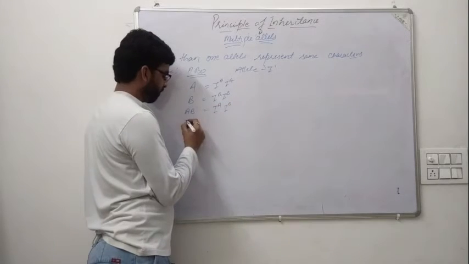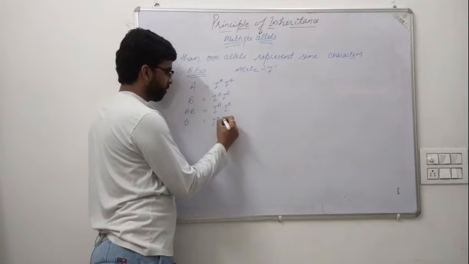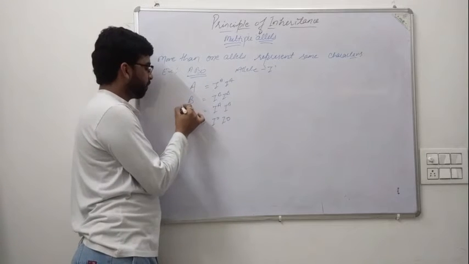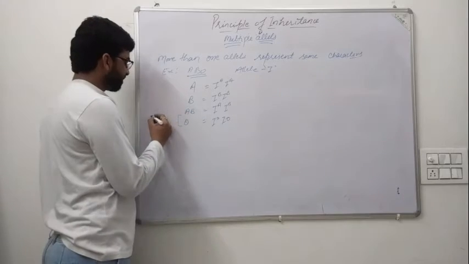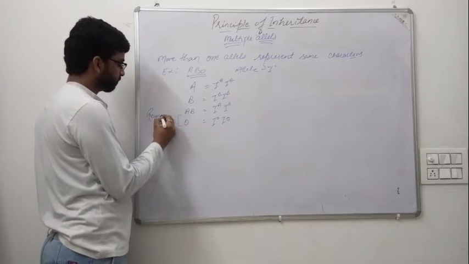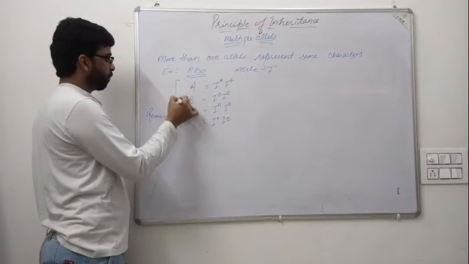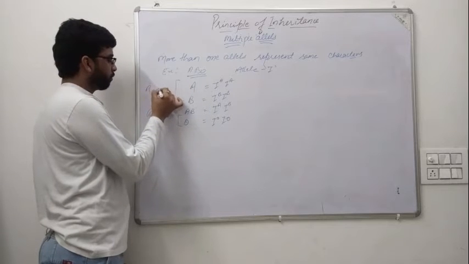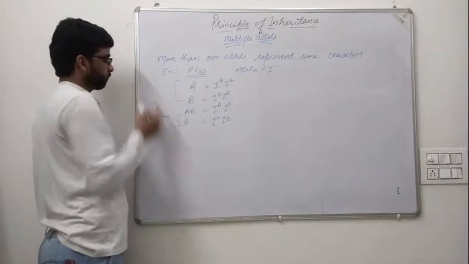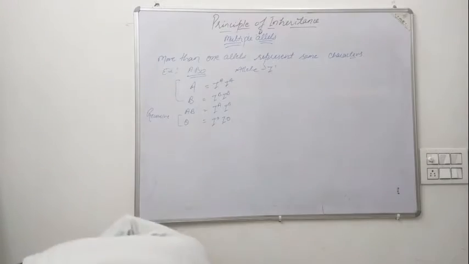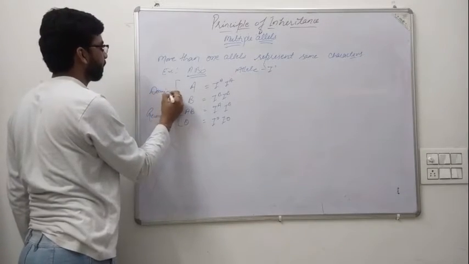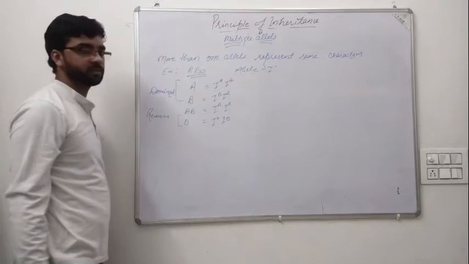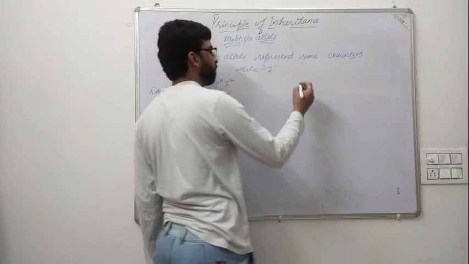Blood group O is recessive and blood groups A and B are dominant.